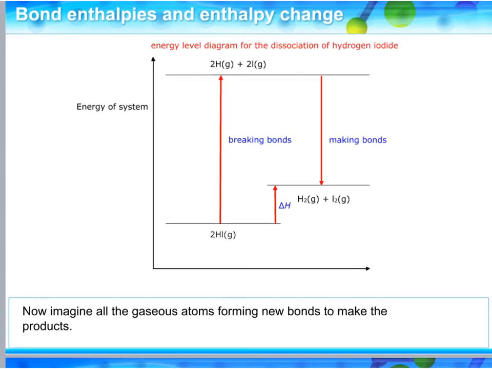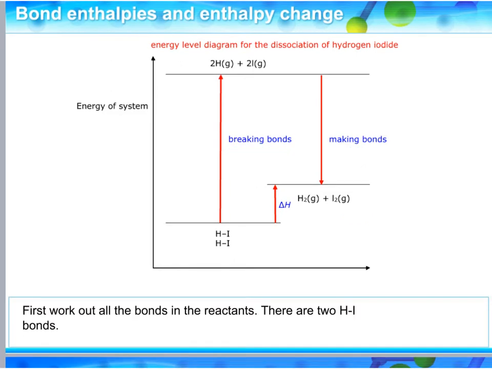The gaseous atoms then recombine to form our products, which is 1 mole of hydrogen molecules and 1 mole of iodine molecules. This time we need to put more energy in breaking the bonds than the energy is released. So there's the energy going in to break the bonds, here's the energy being released when new bonds are made.